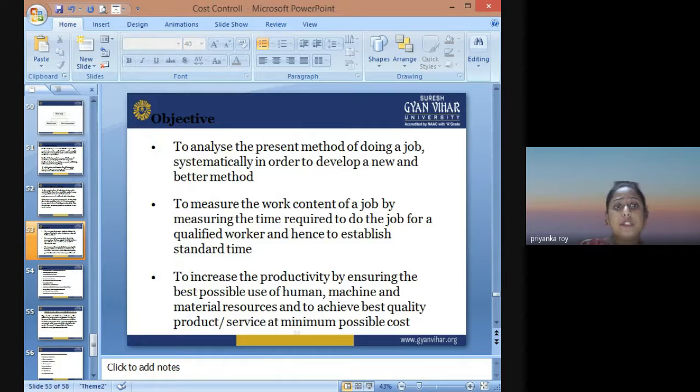So the objective is to analyze the present method of doing a job systematically in order to develop a new and better method, to measure the work content of a job by measuring the time required for a qualified worker to do the job, and hence to establish a standard time; to increase productivity by ensuring the best possible use of human, machine and material resources; and to achieve the best quality product and services at the minimum possible cost.